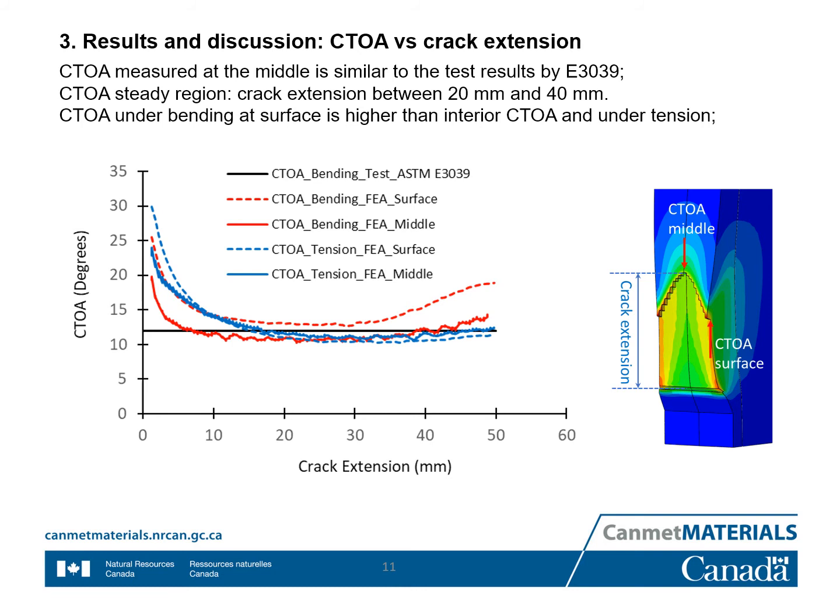In that steady region, the CTOA predicted from the FEA is quite similar to the CTOA from the test result, which is the black curve here. Of all these curves, this red dot curve, which is the CTOA under bending at the surface, is higher than all the other curves.